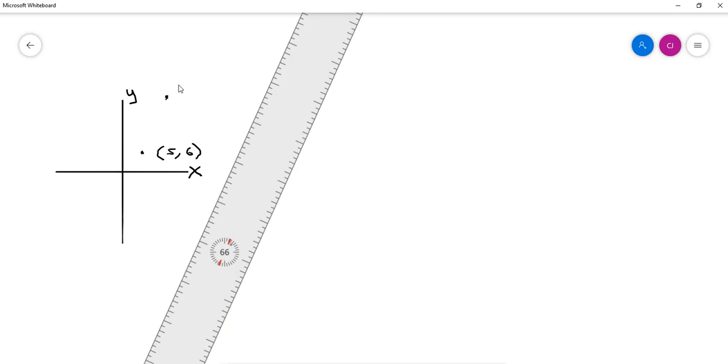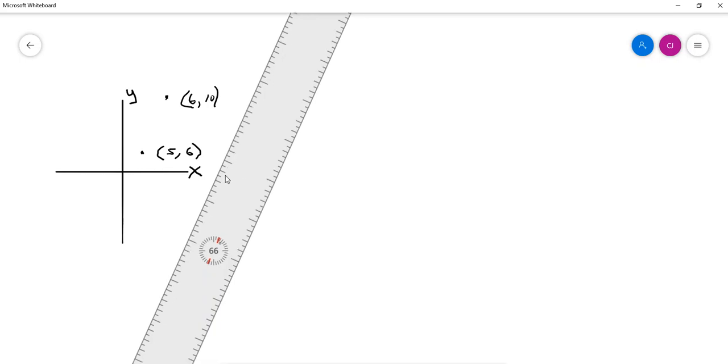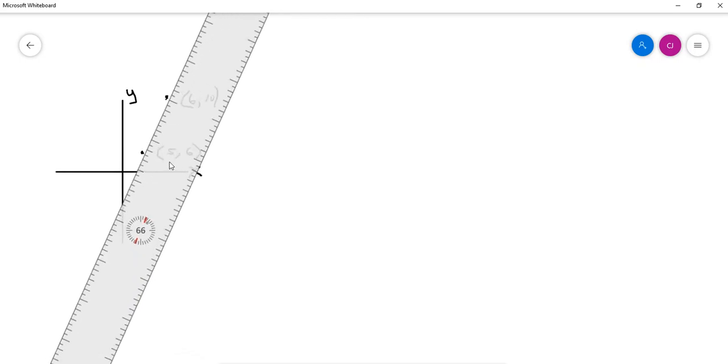Then we have another one up here. Again, we're going to call it 6, 10. And again, it's kind of a rough estimate, but so I can draw those.